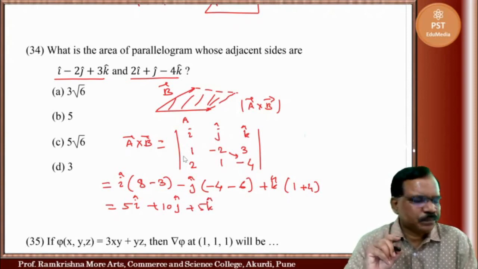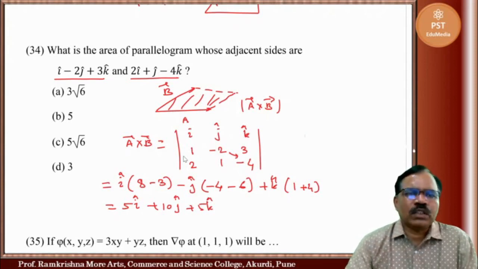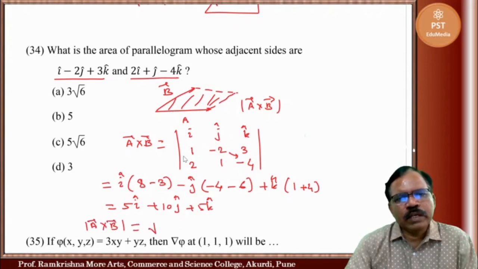This is A cross B. So magnitude of A cross B will be equal to square root of 5 square, that is 25, 10 square, that is 100, plus 25.